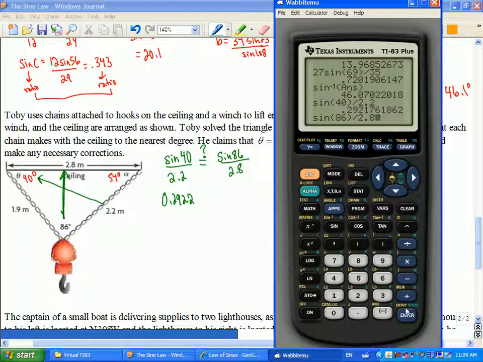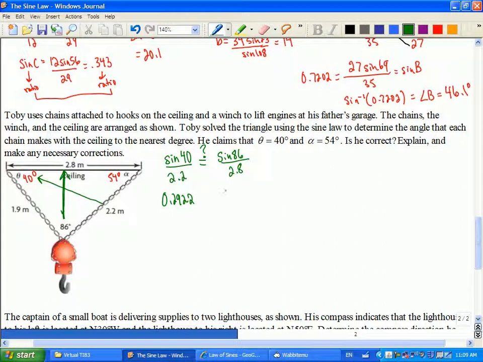So that's 0.3563. So those aren't equal, so they aren't correct. So this angle is not 40 degrees. We could go and find the actual angle itself, but in this question all we have to do is say, could that be the angle? And the answer is no.